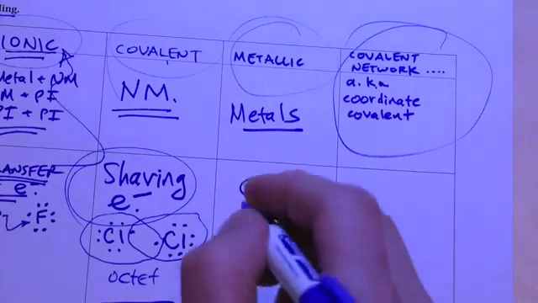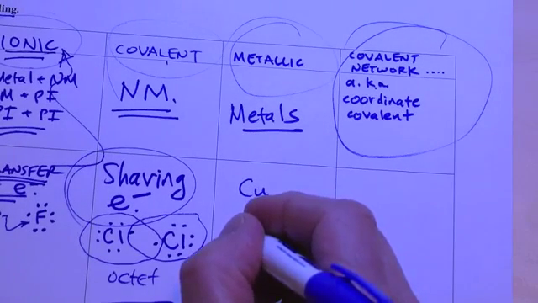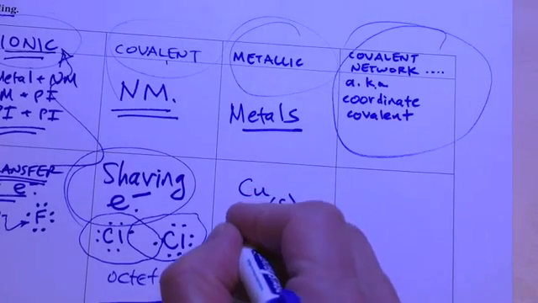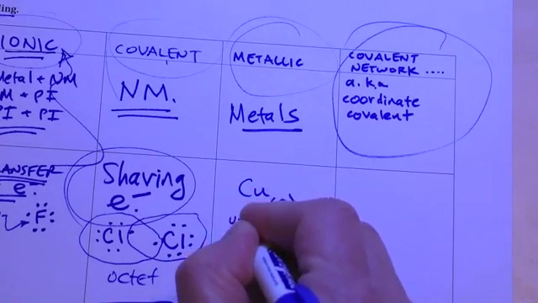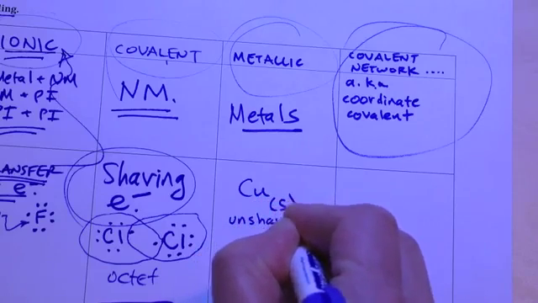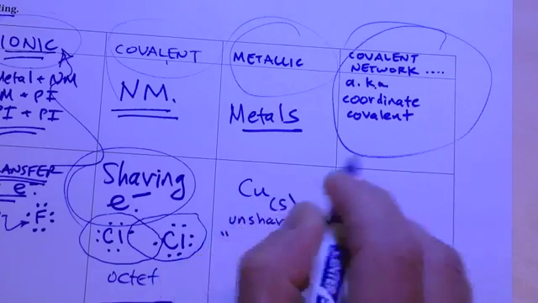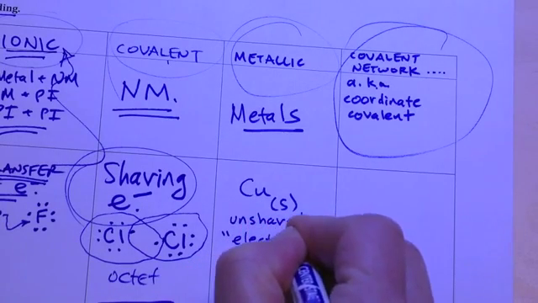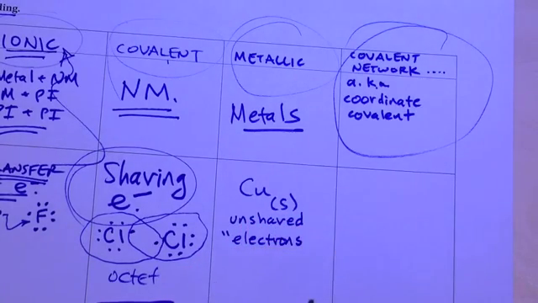A metallic bond's knowing characteristic is these unshared electrons that are able to float around throughout the metal, and not really be attached to anything.